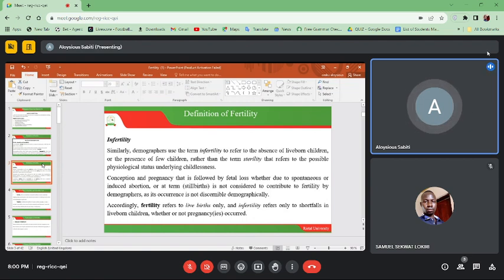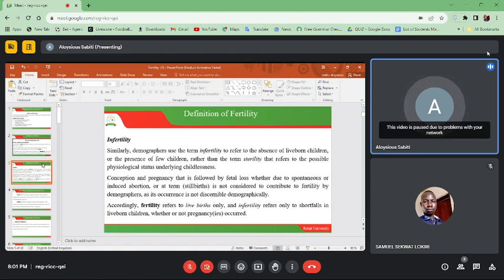Similarly, demographers use the term infertility to refer to the absence of a live-born child or live-born children, or the presence of few children, rather than sterility, which refers to a possible physiological status underlying childlessness. So again, here there are two critical key terms that we shall continuously use in this module.